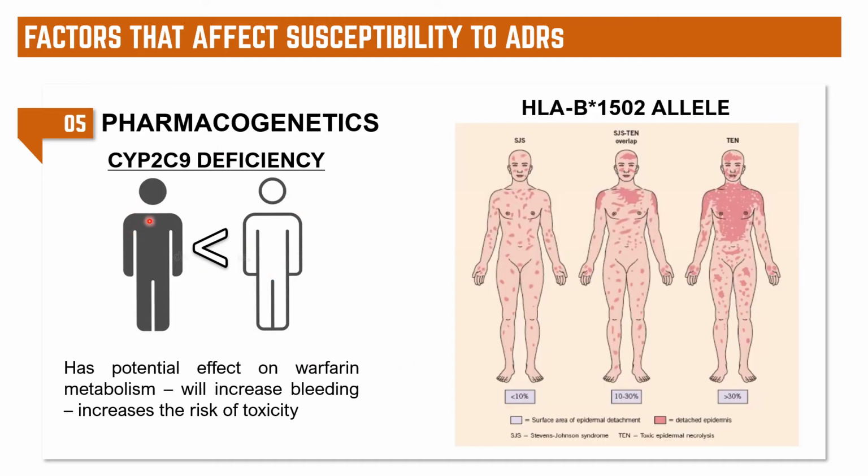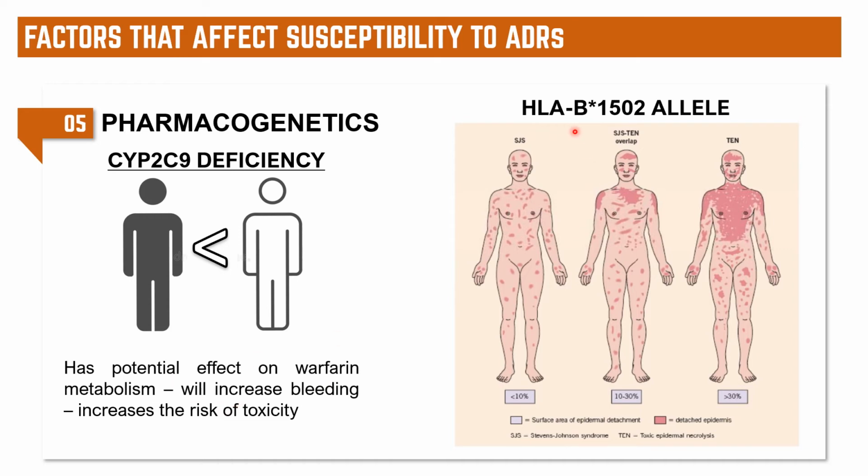Low expression of the cytochrome 2C9 allele associated with poor metabolism occurs more frequently in white individuals compared to black individuals. This has a potential effect on warfarin metabolism, which will increase the risk of toxicity.